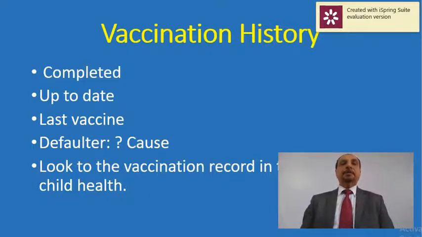That's why it is good to tell the mother about the importance of this book, and that she has to carry it with her, in any place she goes to treat the patient, and show it to the doctors.